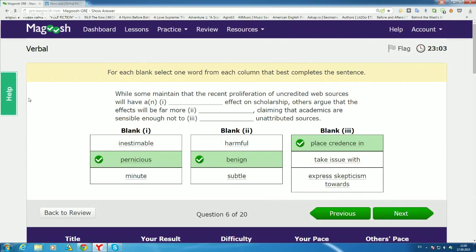Smart, intelligent. Yes. Intelligent enough not to believe unproven sources. I want to give you an A. That was awesome. I'm so proud of you. That was good, John. That was better than good.